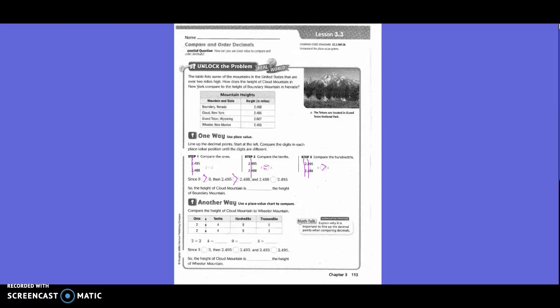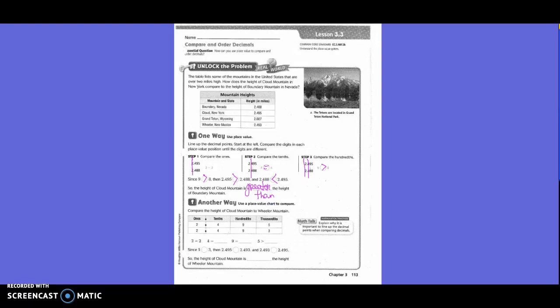And 2 and 488 thousandths is less than 2 and 495 thousandths, right? So the height of Cloud Mountain is greater than, equal to, or less than the height of Boundary Mountain? Greater than.